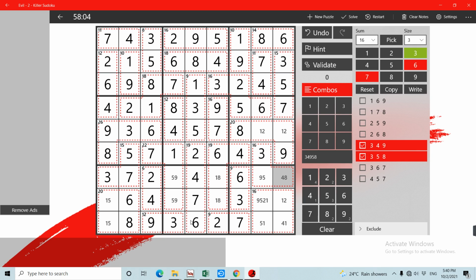In this line, this is the only spot for 4, this becomes an 8. With this 8 I get a 1, with 1 I get an 8, and here I get a 5.